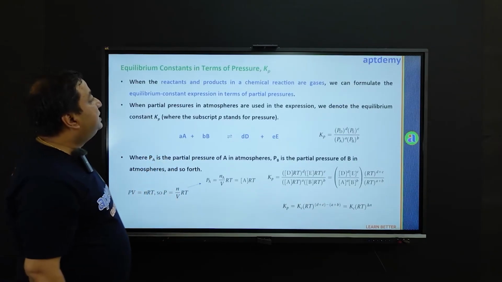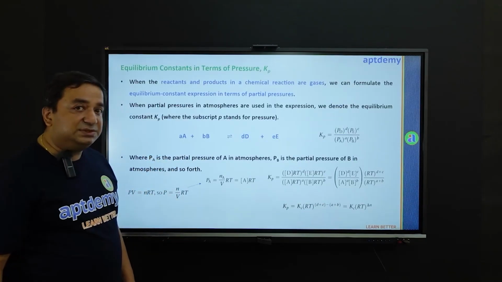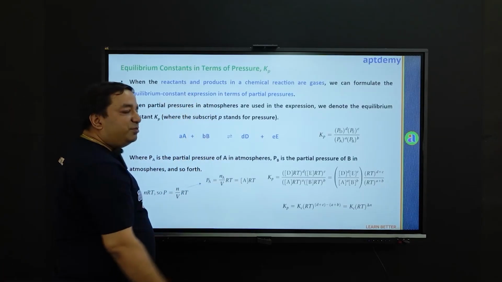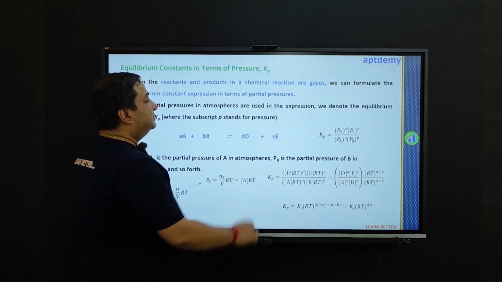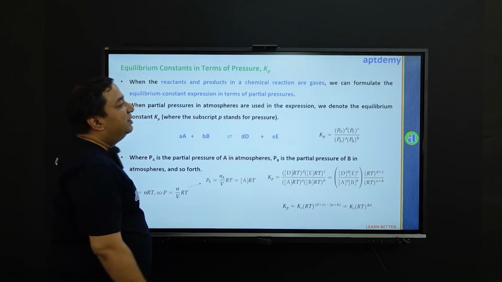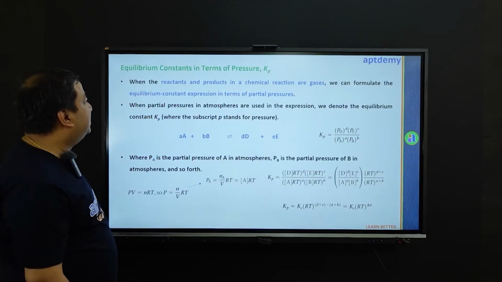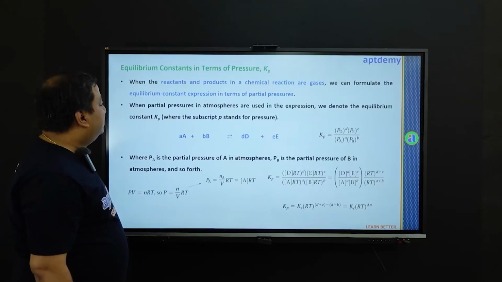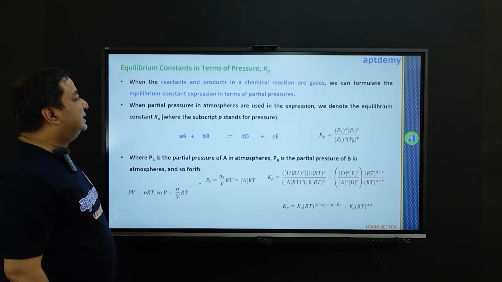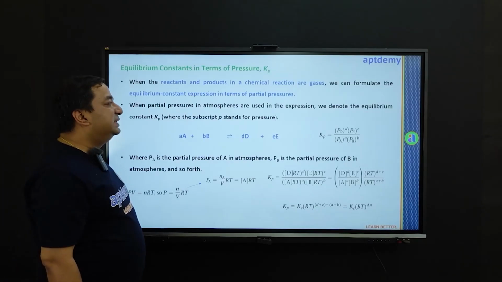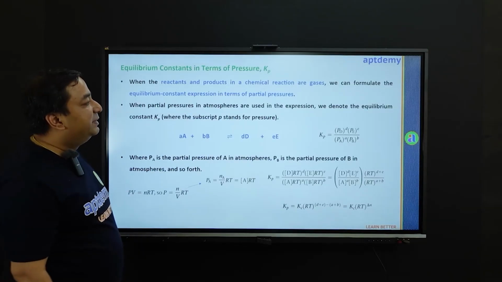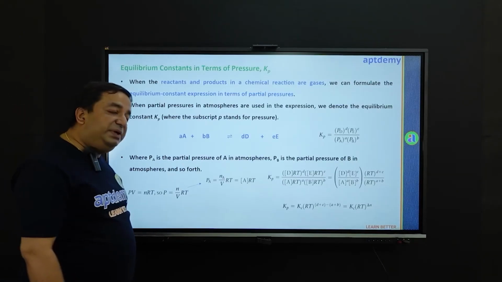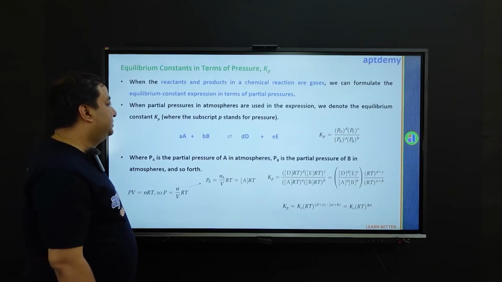The equilibrium constant in terms of pressure is known as Kp. When the reactants and products are gases in a chemical reaction, we can formulate the equilibrium constant expression in terms of partial pressure. When partial pressures expressed in atmospheres are used in the expression, we denote the equilibrium constant Kp, where P stands for pressure.